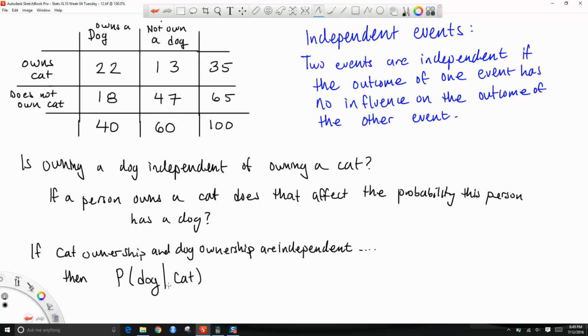The probability that someone owns a dog if we know the person owns a cat, this should be the same as just the probability that the person owns a dog, whether or not we know the person has a cat.